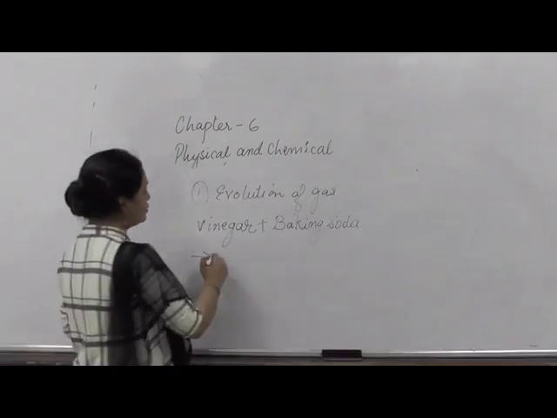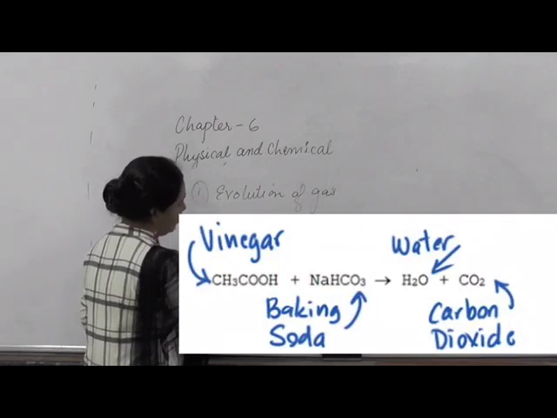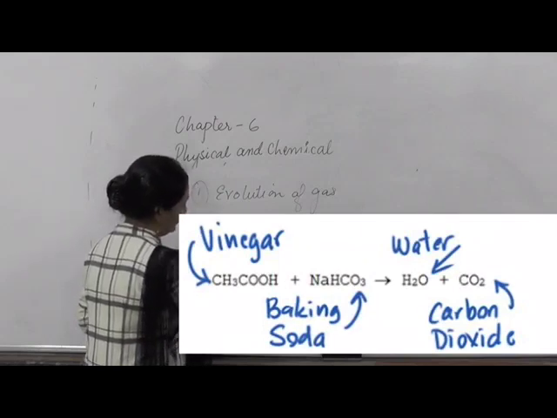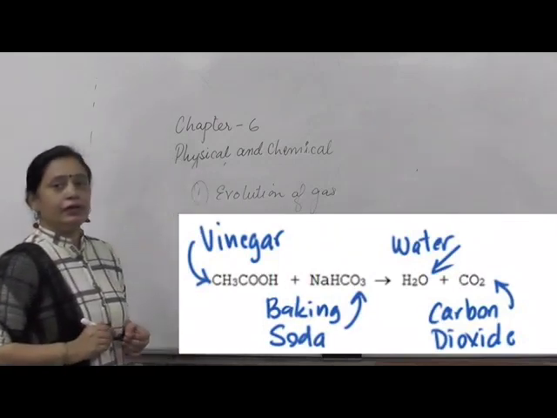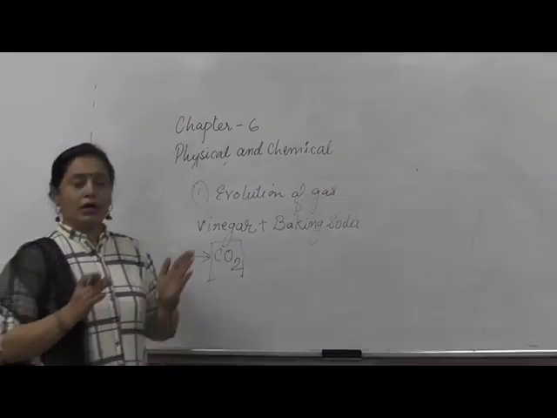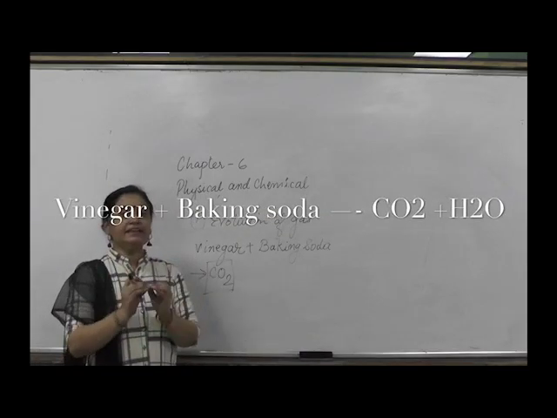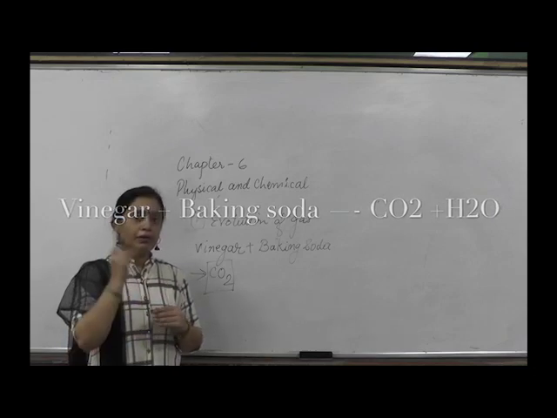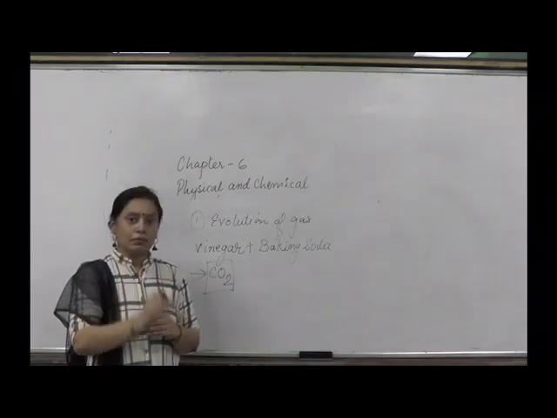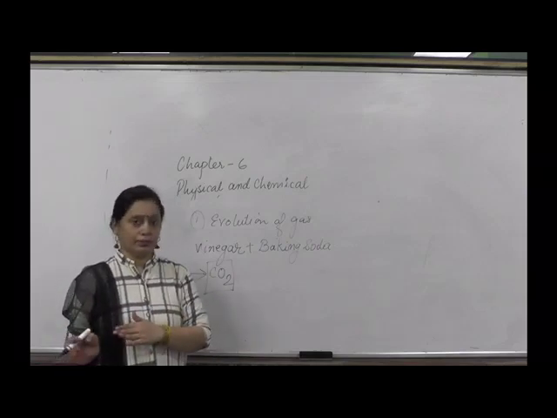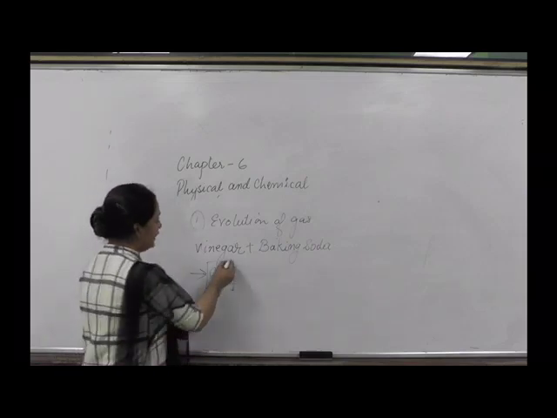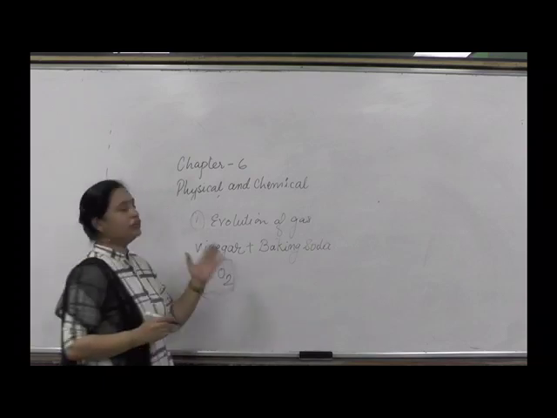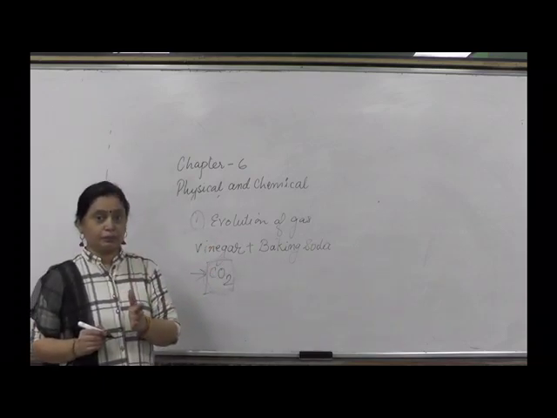It will produce a gas, that is carbon dioxide gas. So carbon dioxide is the gas released during the reaction of vinegar and baking soda. This gas indicates that a chemical change has taken place.